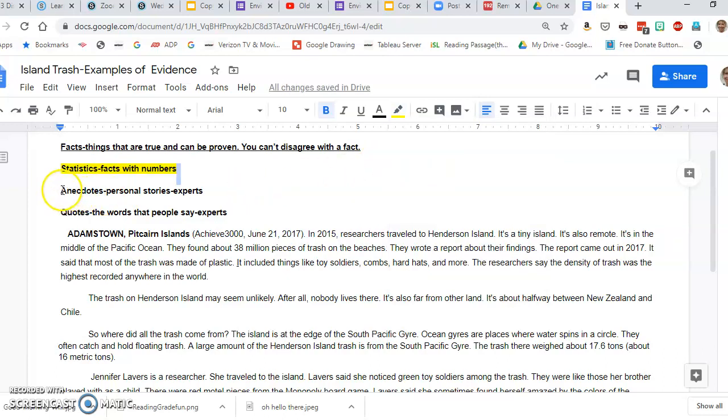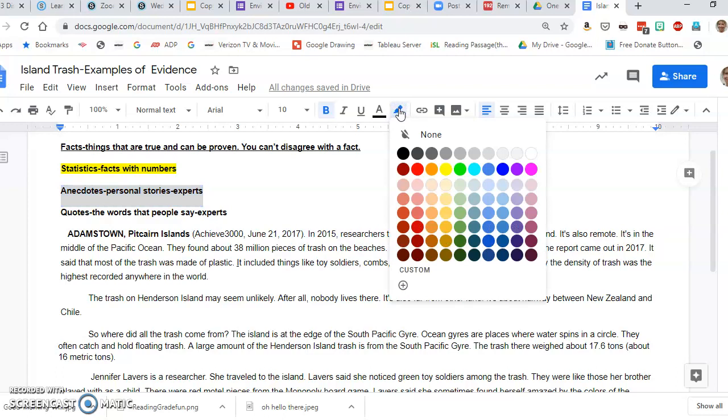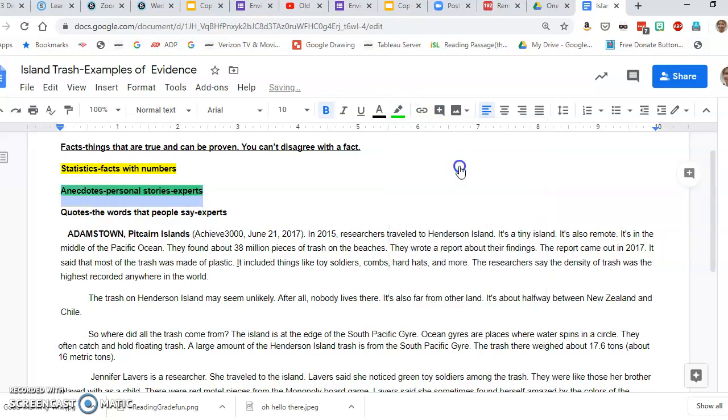Anecdotes are similar to POVs and experiences. Anecdote is just another word for story. In this case, you're probably going to be looking for stories or anecdotes from other people, from experts. And then finally, quotes are a form of evidence as well.